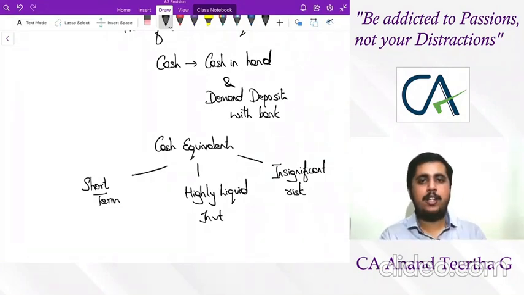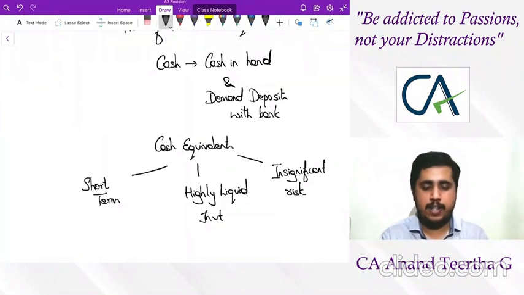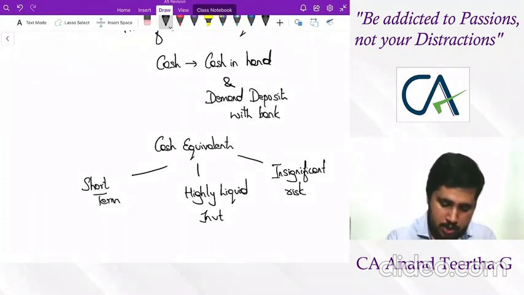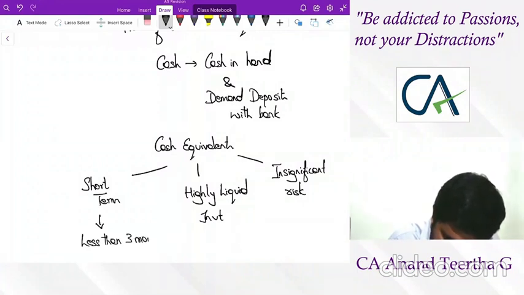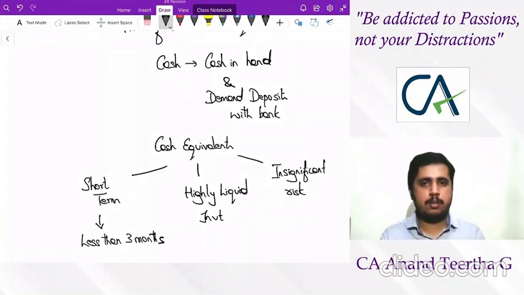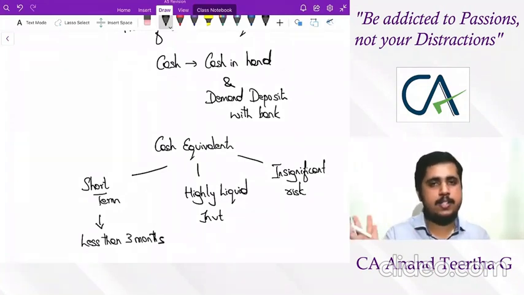Okay, so cash equivalent is a short-term, highly liquid investment having an insignificant risk. Now, first thing, what do you mean by short-term? From the AS 3 angle, we say that less than 3 months, or 3 months or less, will be short-term. So anything less than 3 months is considered short-term for cash equivalent purposes.